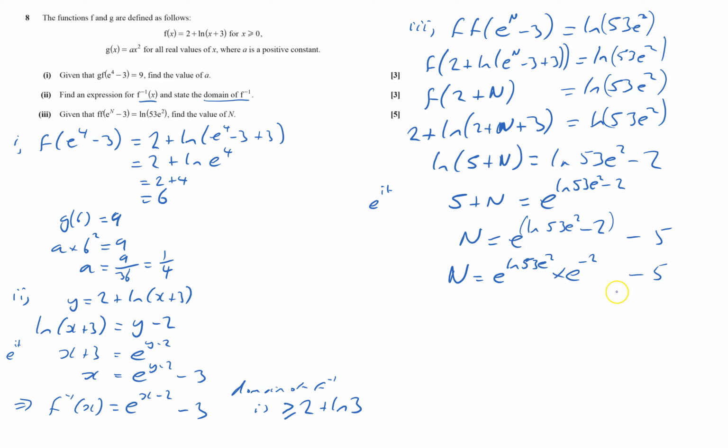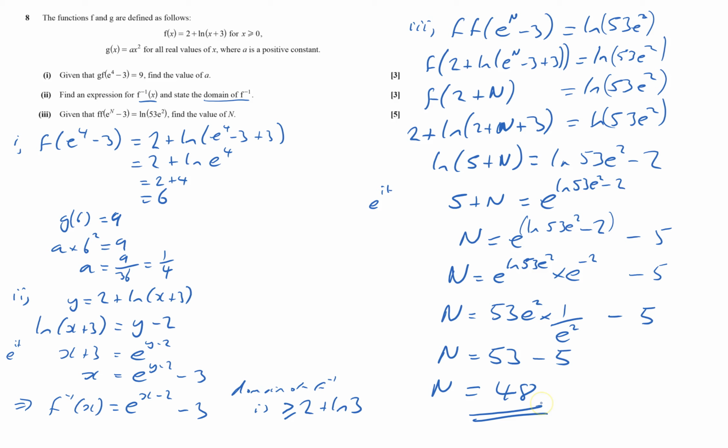So take away that 5, so n equals e to the ln 53e squared will be just, e and ln cancel out, so that'll be 53e squared times e to the minus 2, so that's times 1 over e squared, and then take away that 5 at the end. So n equals, e squareds cancel out, 53 minus 5, and so n equals 48, which is what I wanted.